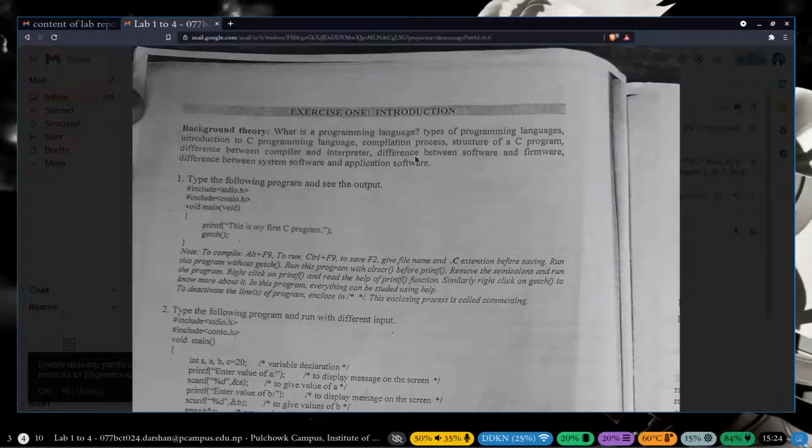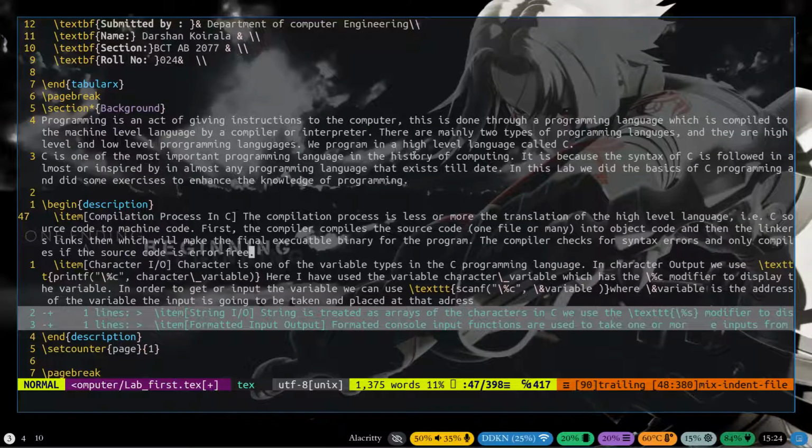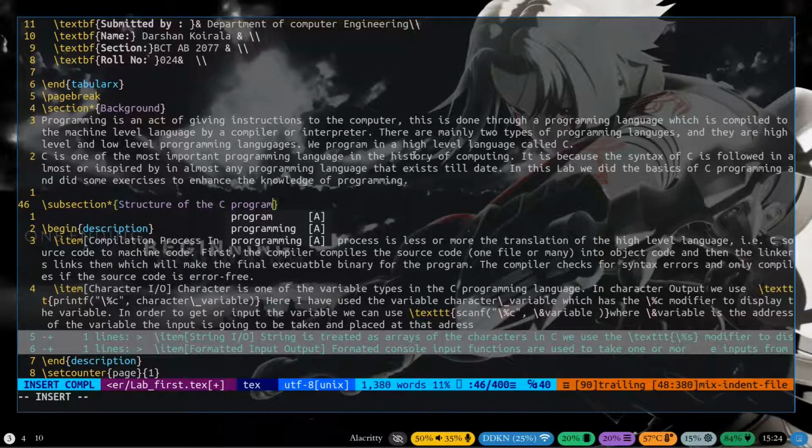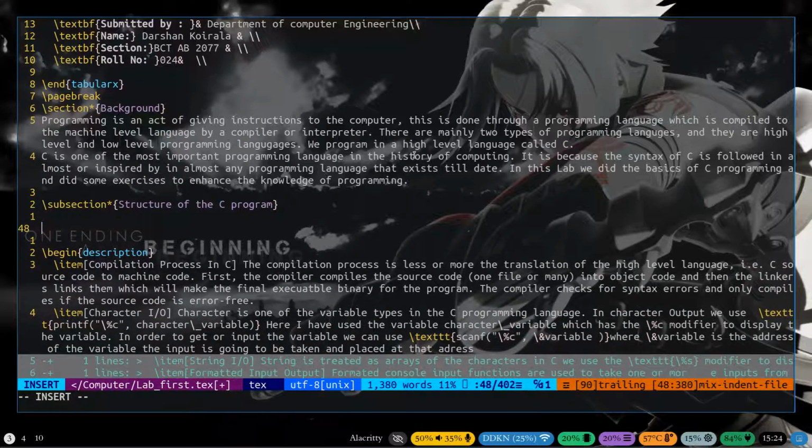Okay, structure of a C program. I think I have to write that here. Subsection: structure of the C program.